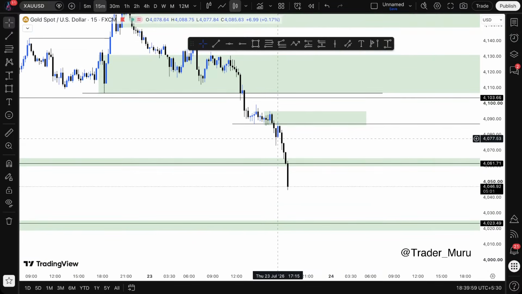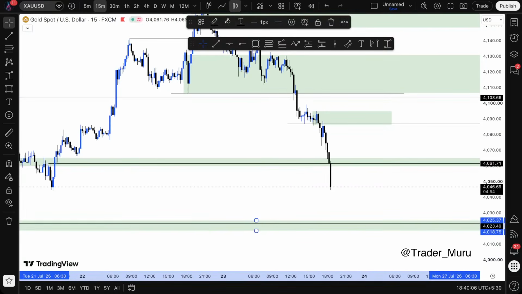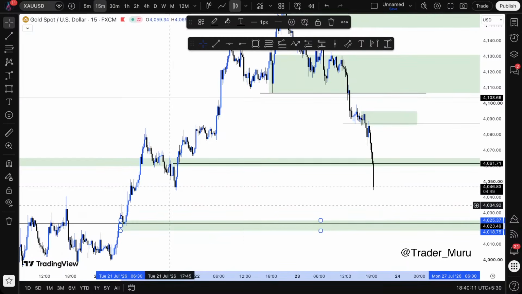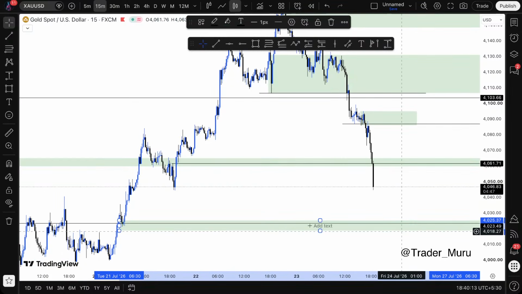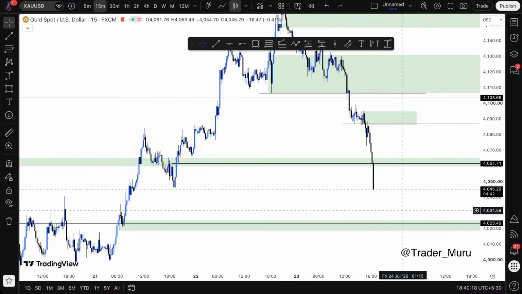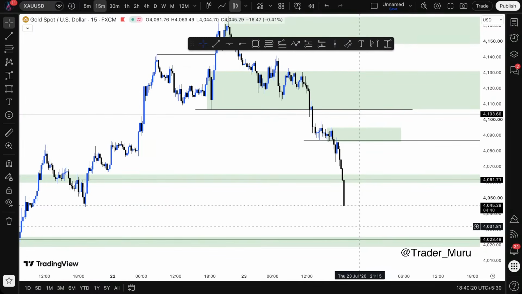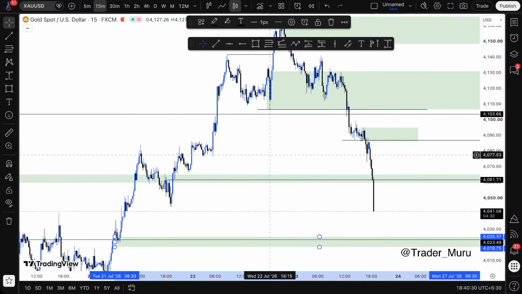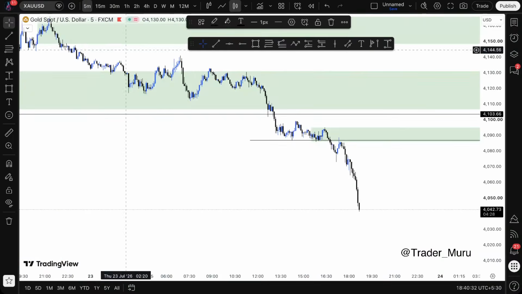If anyone took a short here, make sure to book some partial and have a stop loss at entry. Price can test 23 and again pump. What did I tell you here?